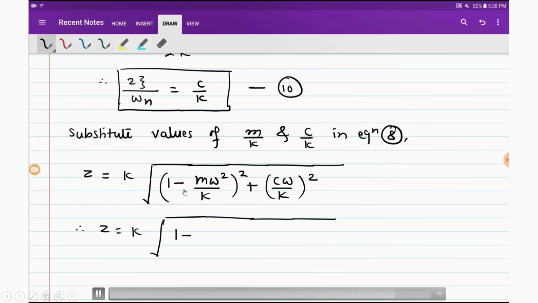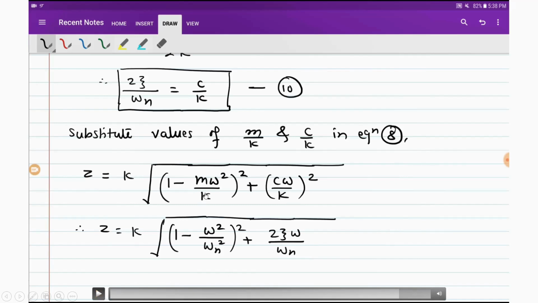So this is 1 minus m upon k. The value of m upon k is 1 upon omega n square. Omega square is already there, and the square of that term. The value of c upon k is 2 zeta upon omega n, so it is 2 zeta, this omega is already there, divided by omega n.